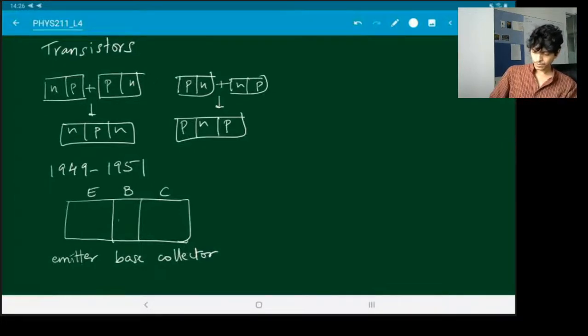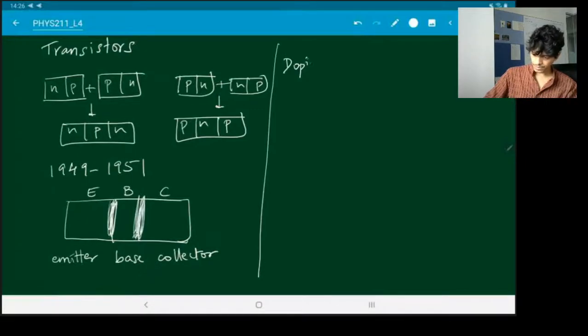Of course, now because you have two interfaces, you have two barrier regions with potentials over here. Typically, the doping of these three parts, the emitter, the base, and the collector, is such that the emitter has maximum doping, followed by the collector, and the least doped is the base.